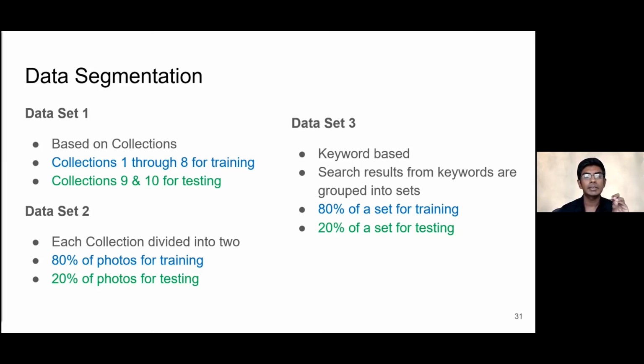We found 10 common keywords and got the result set, and then divided the result set in a similar manner, 80% for training and 20% for testing. Here, blue denotes data that's set aside for training process, and green is for testing. Keep that in mind when we go to the next slide.